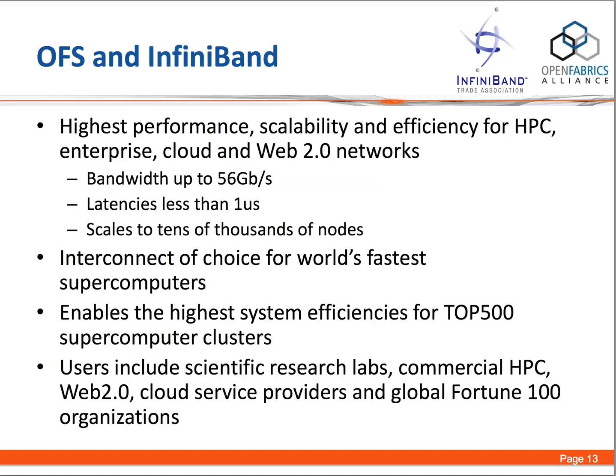It is the interconnect of choice for the world's fastest supercomputing systems, being the top interconnect on the Top500. It also enables the highest efficiencies in the Top500, showing that by utilizing InfiniBand and RDMA, you get the highest performance per watt. Users include scientific research labs, commercial HPC, and other enterprise entities.